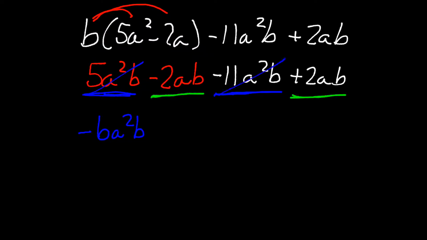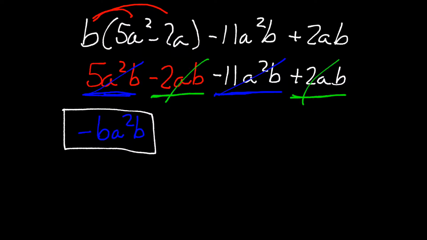And I used them both so I can cross them off. Then I've got a negative 2ab plus a positive 2ab, and that just becomes 0. They cancel each other out, so these go away, and our answer here when simplifying this is just negative 6a squared b. Let's try one more.